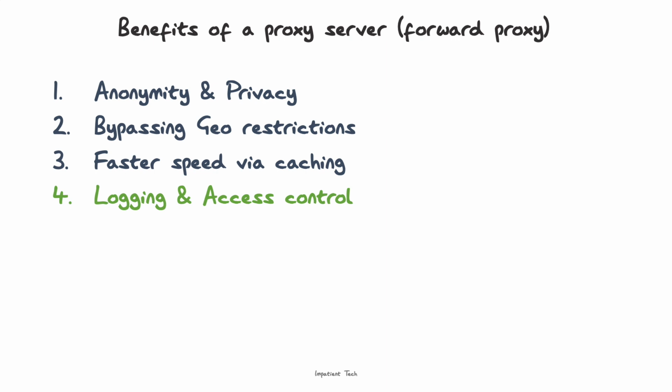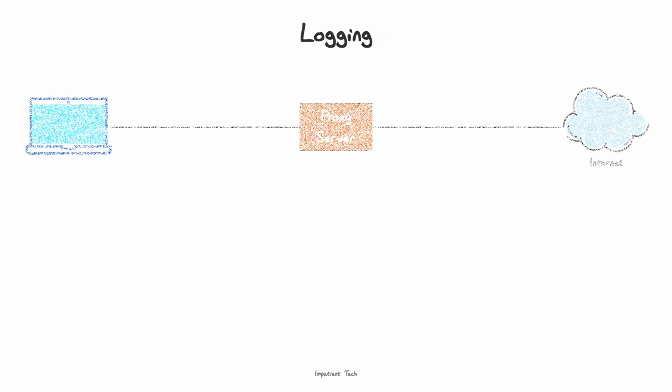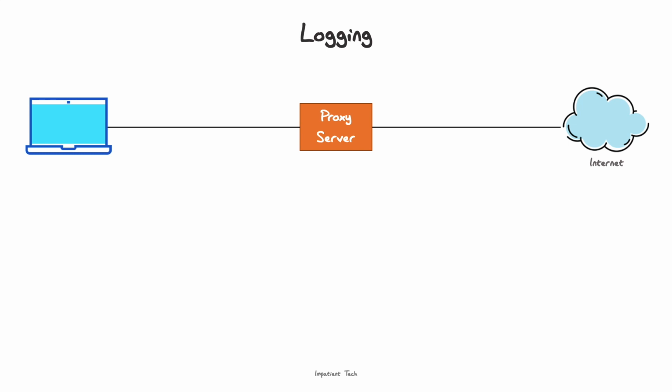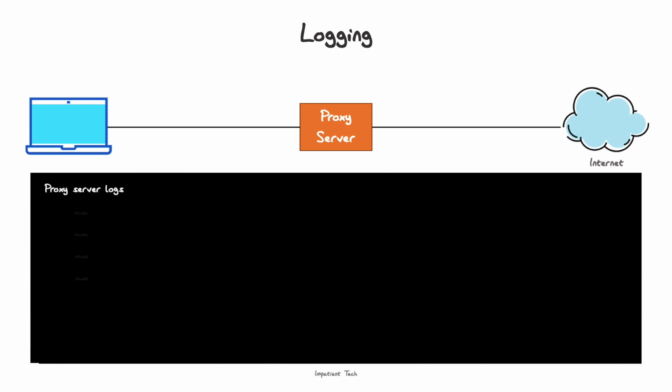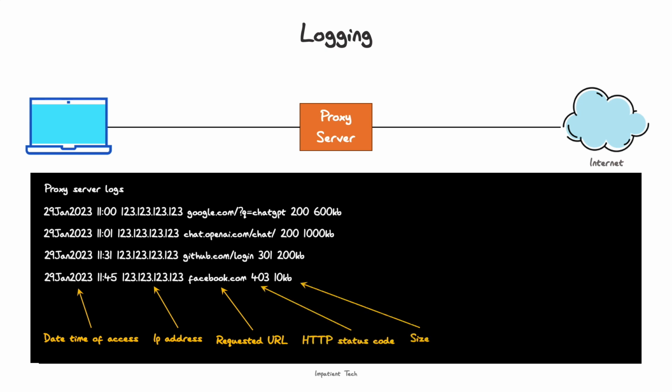Benefit number 4. Logging and access control. Many organizations use a proxy server to monitor and control the internet browsing activities of their employees. A proxy server can be used to maintain a record of the websites visited, which can include details such as the date and time of access, the IP address of the client device, the requested URL, the HTTP status code, and the size of the requested resource.